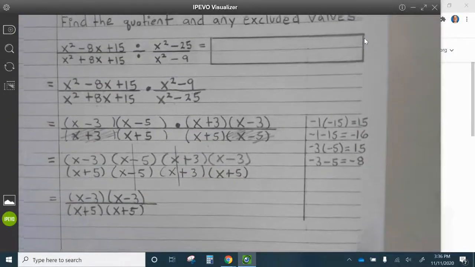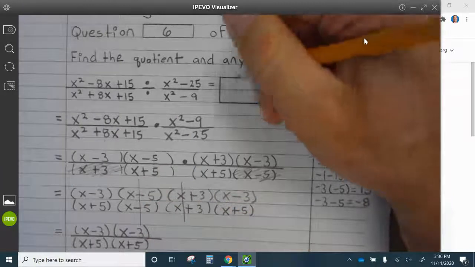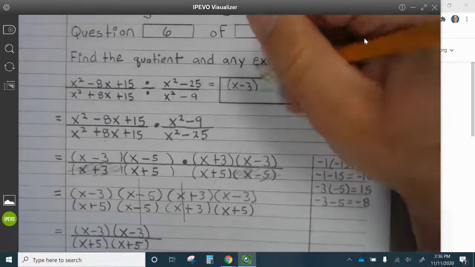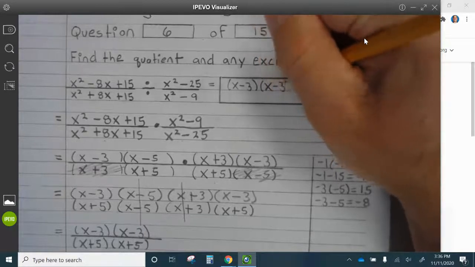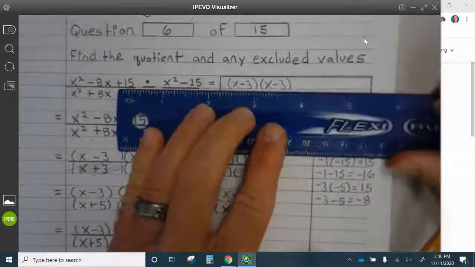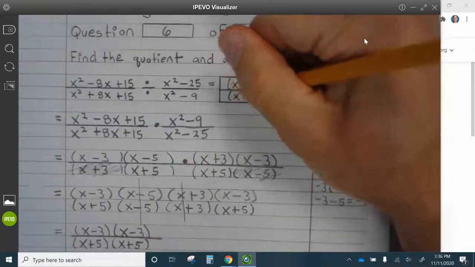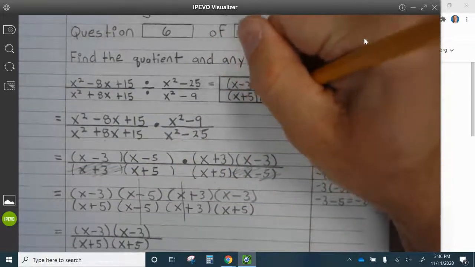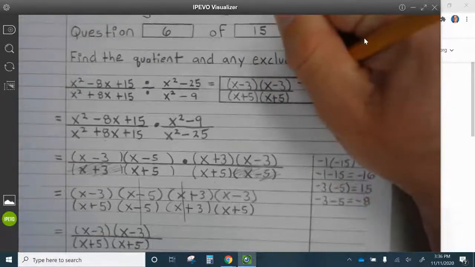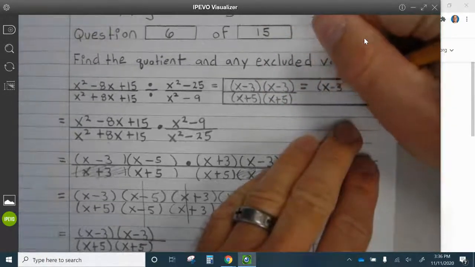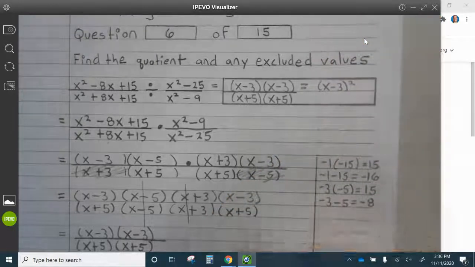Okay, so that means this divided by this is equal to x minus 3 times x minus 3 divided by x plus 5, x plus 5, which is special because this can be written as x minus 3 squared divided by x plus 5 squared.